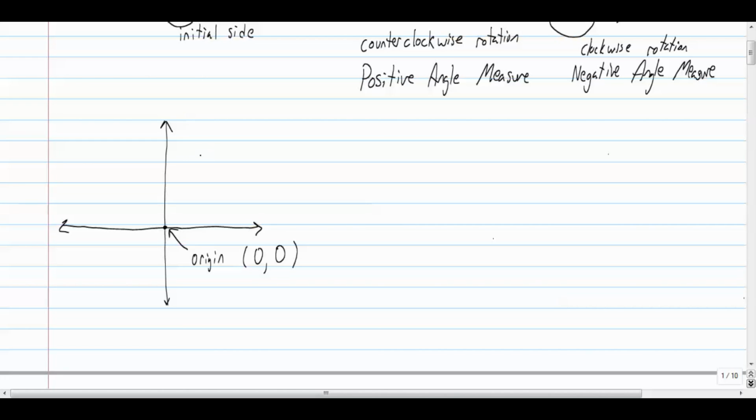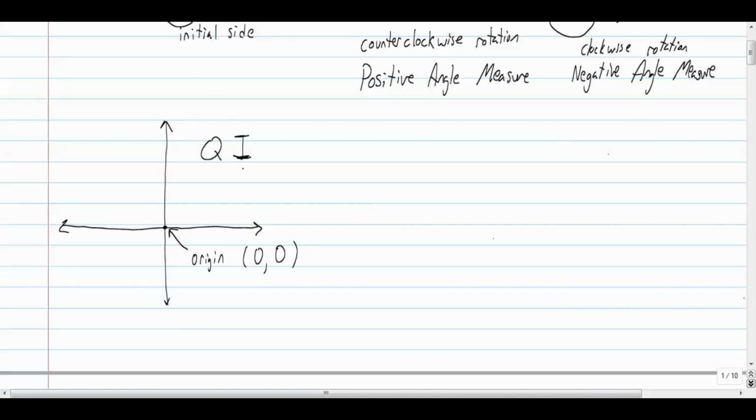Now the first region up here, the top right-hand corner, that is what we call the first quadrant. The way that we can write quadrant 1 in shorthand is a Q and then a Roman numeral 1.